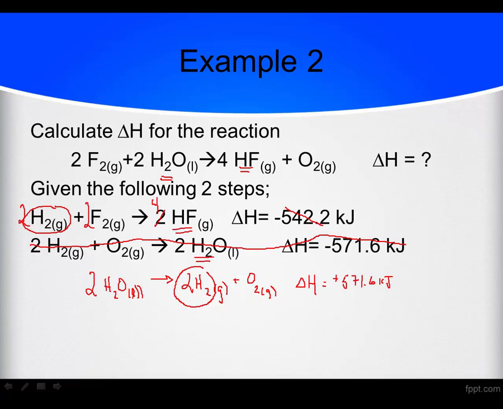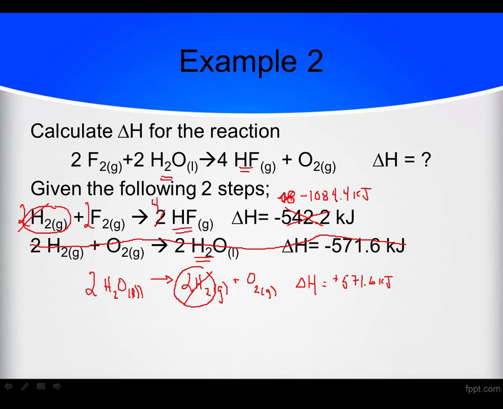And that means my delta H has to be multiplied by 2. So what am I going to get here? I'm going to get negative 1,800. No, I'm sorry, negative 1,000. It's not 800. 1,084.4 kilojoules. So when I look at this, now the H2 and the H2, since there's 2 of each, will cancel. I'm going to wind up with 2 fluorines, 2 waters.